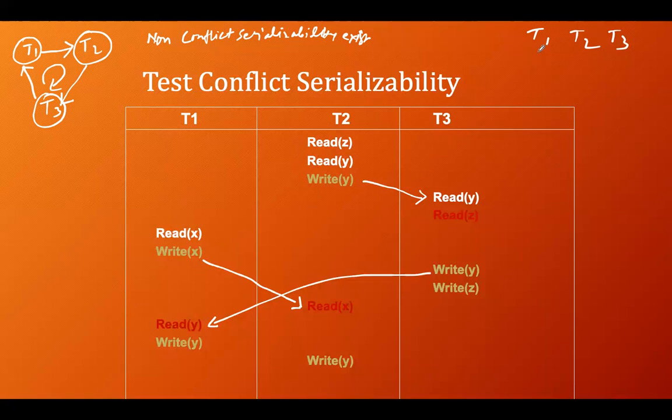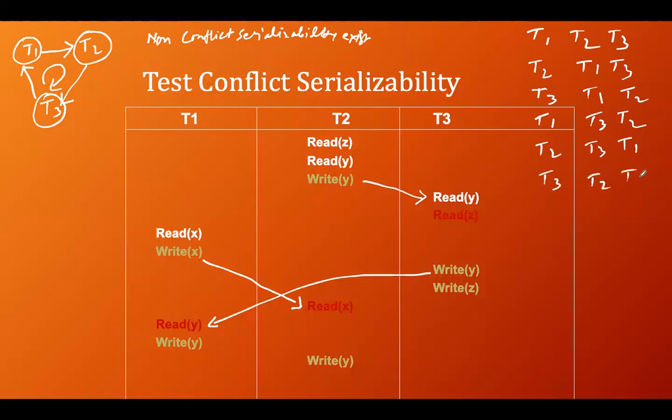Means if I say T1 will come first, then T2, then T3, or T2 first, then T1, then T3, or T3 first, then T1, and then T2, or T1, then T3, then T2.